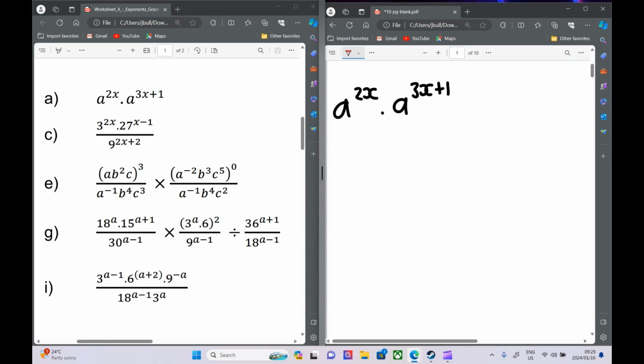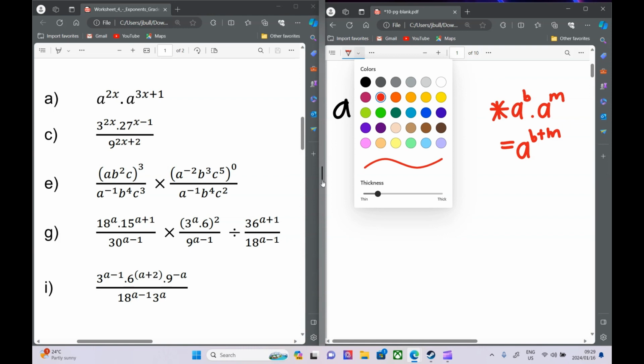So for this one, we need the law. If you have a to the b times a to the m, like we have here, you can just add the exponents, b plus m. That is one of the index laws, one of the exponent laws. So we are going to use it in this case here.